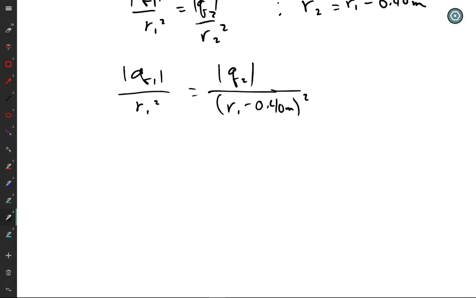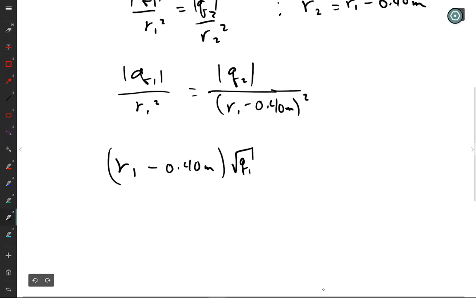Now it becomes not that hard of a problem. Cross multiply and square root. You have R1 minus 0.40 meters times the square root of Q1. Keep in mind its absolute value just is equal to R1 square root of Q2.